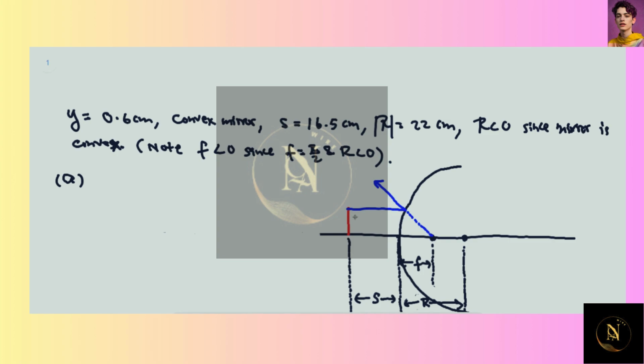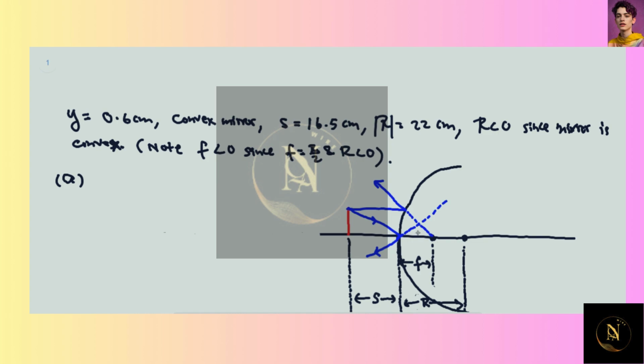Another ray that we can draw is one that goes about here to the optic axis, and that ray will be reflected symmetrically about the optic axis, and then we can just extend it back in that fashion.